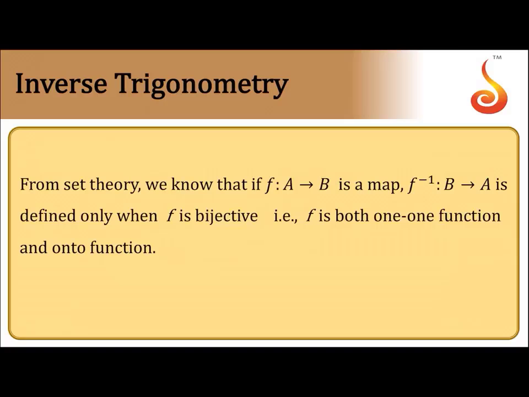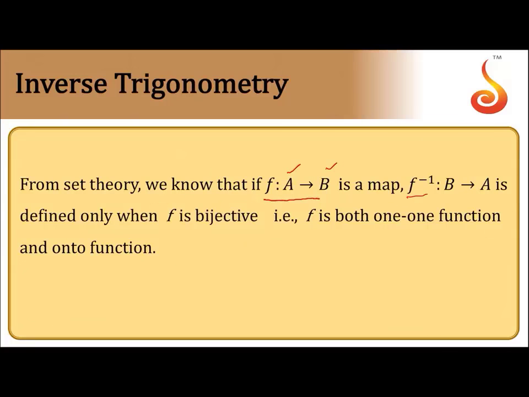In the inverse trigonometric functions, in the PU also, we studied the existence of the inverse of a mapping. If f from A to B is a mapping defined from set A to set B, A is called the domain and B is called the codomain.